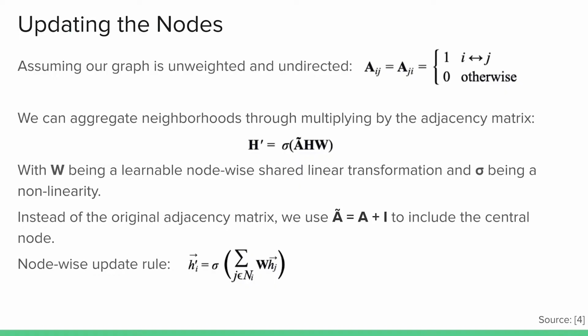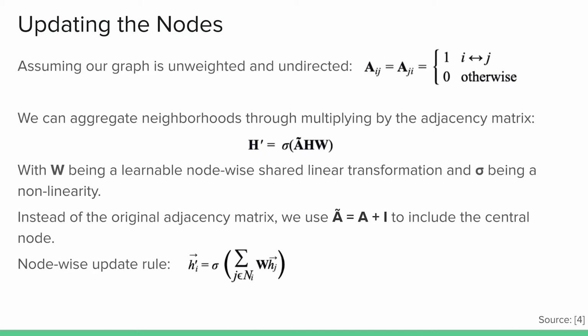To make this whole thing a bit more understandable, let's have a look at how such an update function would actually look. If we assume that our graph is unweighted and undirected, meaning that a_ij equals a_ji, then we can aggregate information from all of our neighborhoods basically just through multiplying with the adjacency matrix.